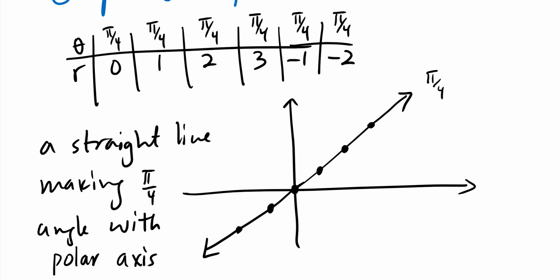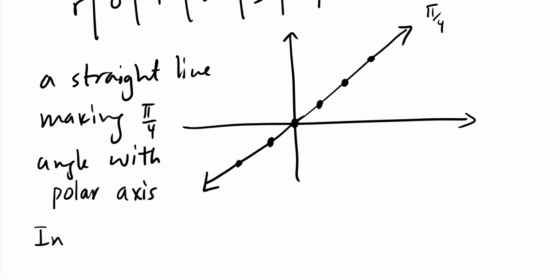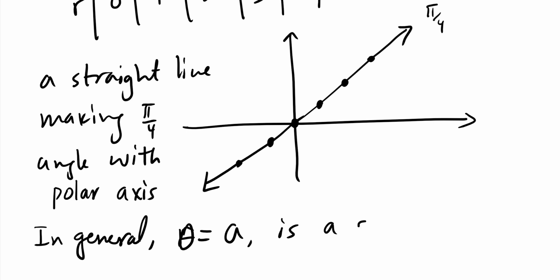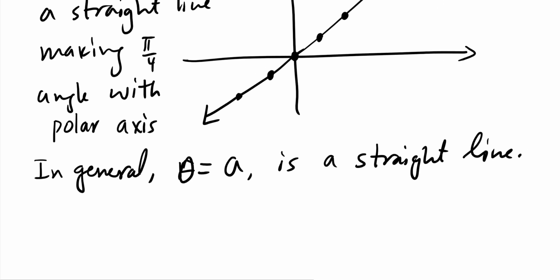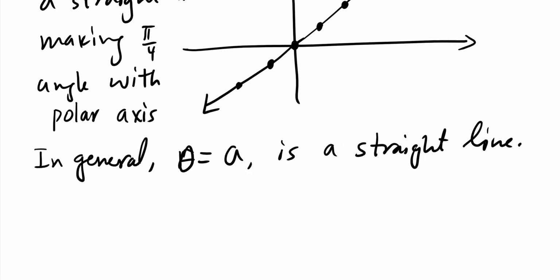That's a common one. In general, theta equals a is a straight line through the pole that makes an angle a with the polar axis.